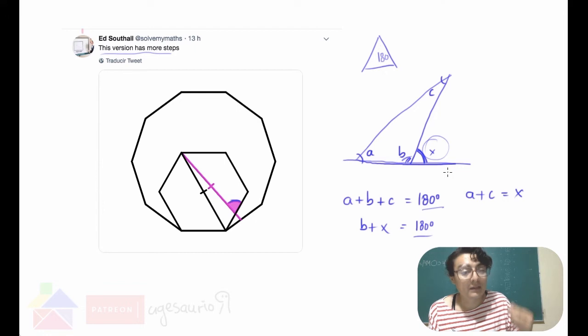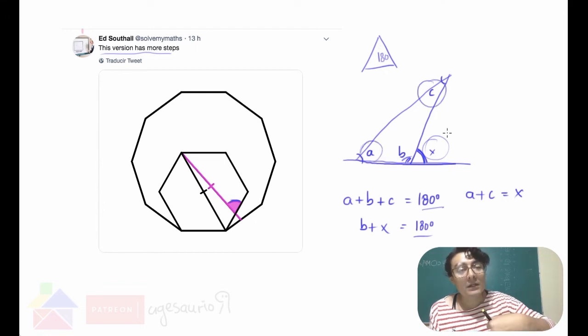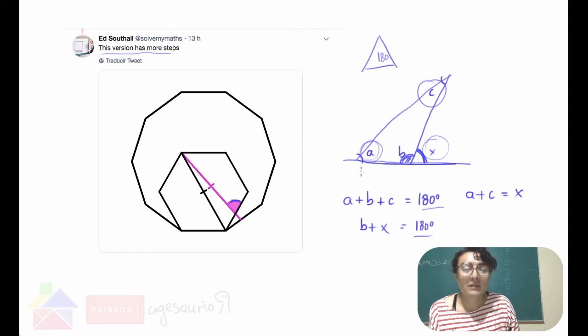So X, the external angle, is the same as the two internal angles that are not adjacent. How do you say that? Okay, yeah. So if we use this right here, I'm going to draw this. The little pink one is external to this triangle right here.